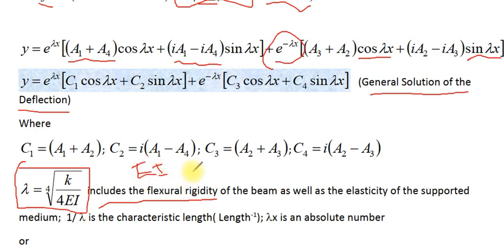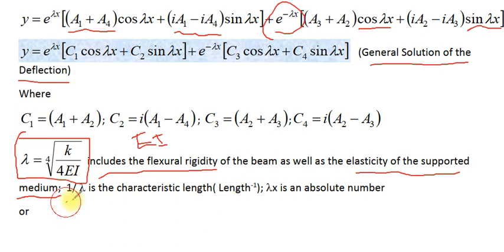For example, if it is made from concrete or steel, it includes the modulus of elasticity and moment of inertia of the concrete or steel. EI is the flexural rigidity of the beam, and k is the subgrade reaction of the soil, or elasticity of the soil. So in the factor lambda, we have included the flexural rigidity of the beam and the elasticity of the soil.